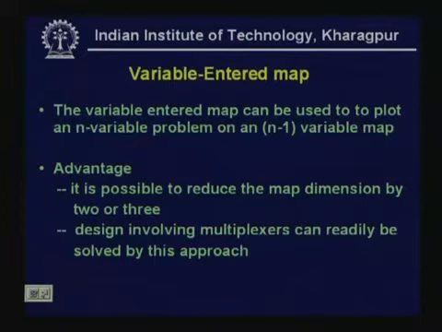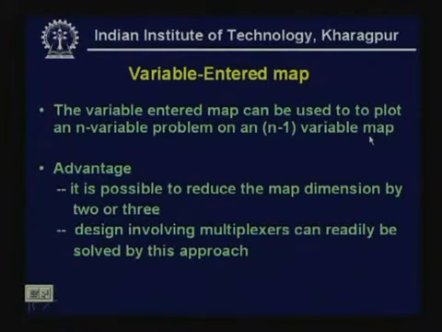So we need to automate the program. Now for larger n, when n is a very big number, this is not a good choice to reduce the function by a K-map. Then the variable entered map can be used to plot an n variable problem on an n minus 1 variable map.